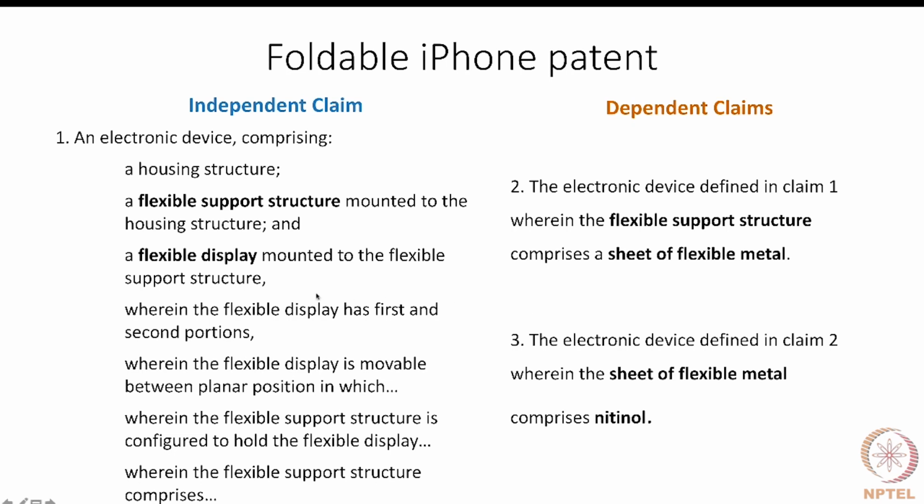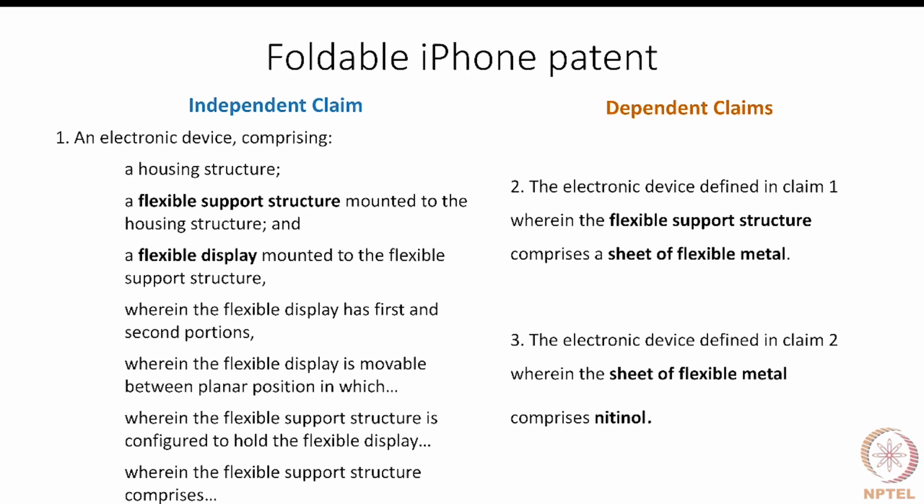So you have an independent claim which describes the broad invention. You have a dependent claim, which is claim number 2, which introduces a limitation to the flexible support structure, saying that the flexible support structure comprises a sheet of flexible metal. And the third claim, which is a further limitation on that sheet of flexible metal, says that the flexible metal shall comprise of nitinol. So you can see this is more like a tapering or a reverse pyramid.